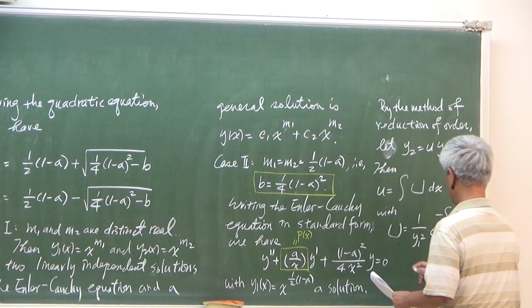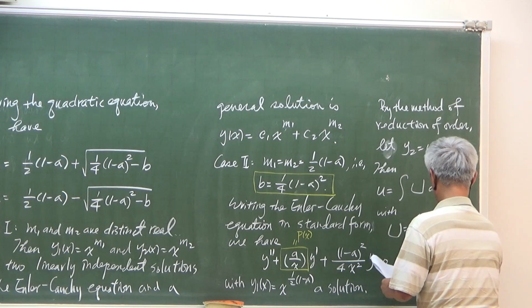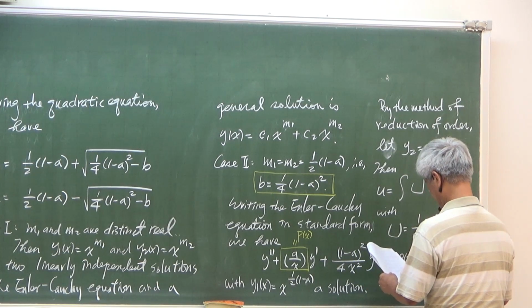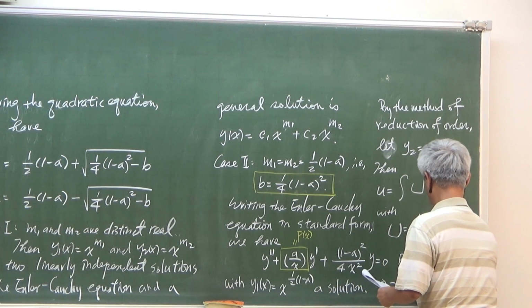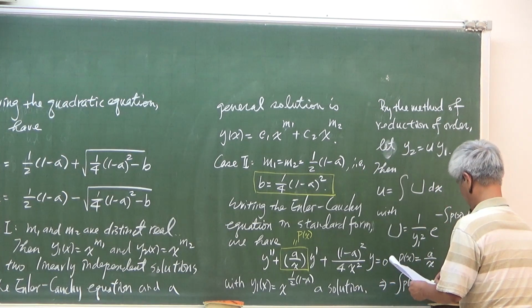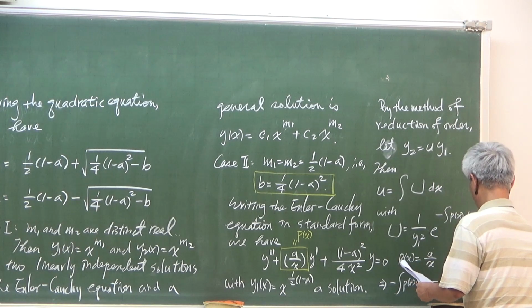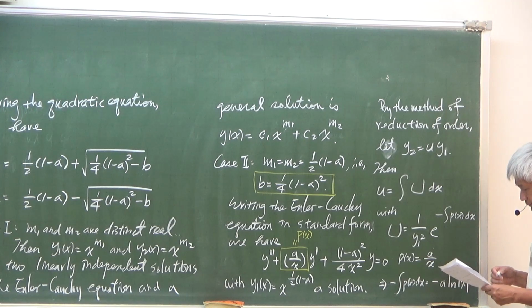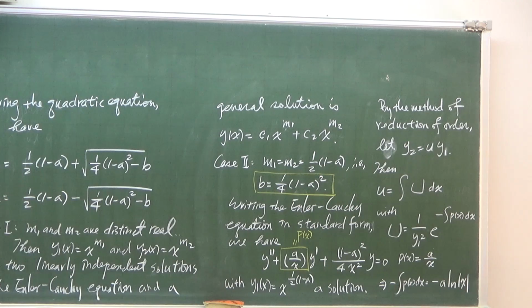Okay, so p of x is equal to a divided by x, which implies that minus the integral of p of x dx is equal to minus a times the logarithm of x.